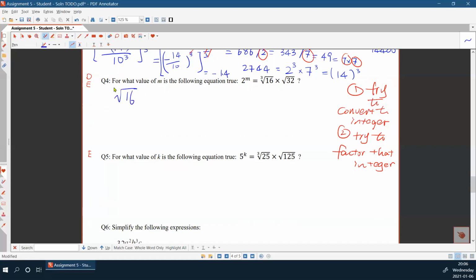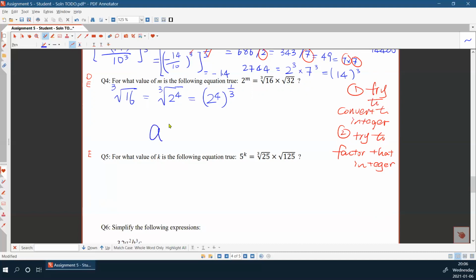Okay. First term, 16 is 2 to the 4th power, right? 2 to the 4th power and cubic root. Cube root means 1 over 3rd power, right? 1 over 3, right?